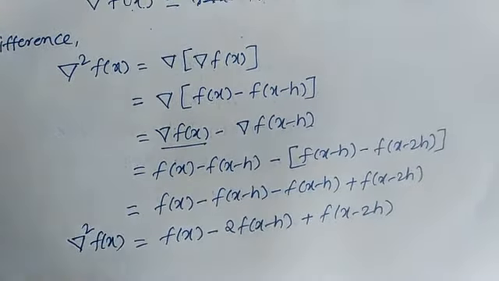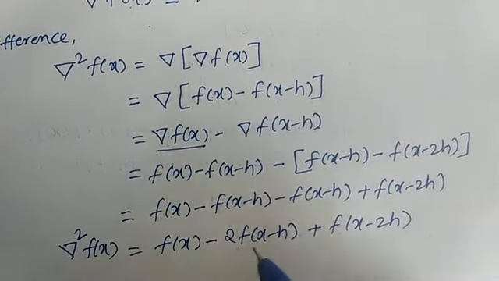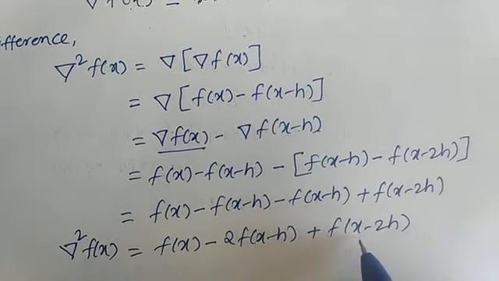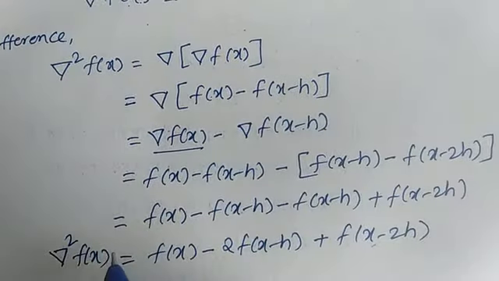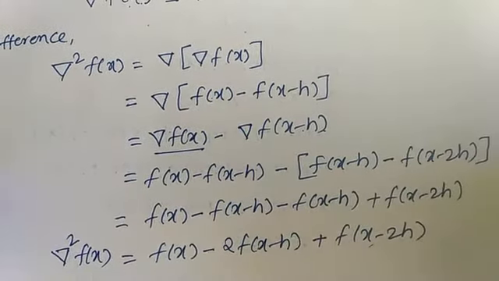And in forward it was opposite, it started from f(x + 2h) − 2f(x + h), and last it was f(x). In backward it will start from f(x) and then f(x − h), and after that f(x − 2h).